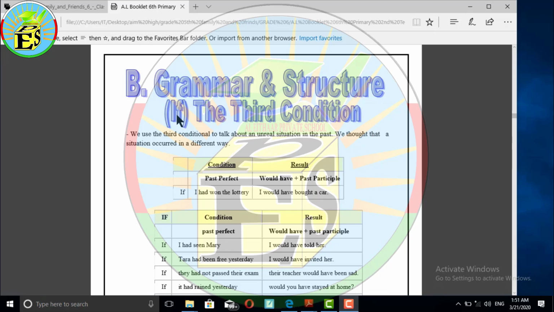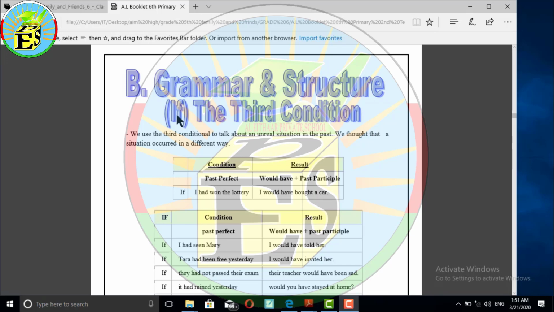Use the second case to speak about the unreal situations in the present, the things which are not true at the present time.